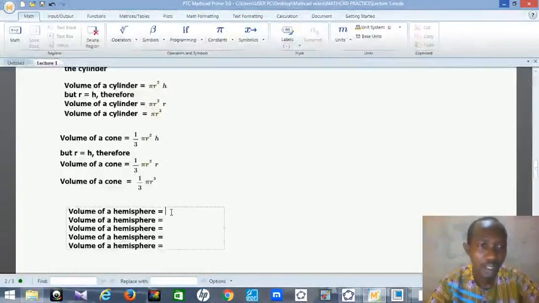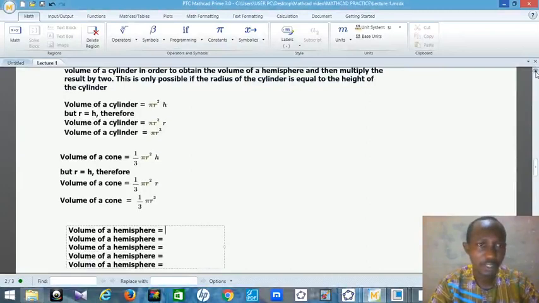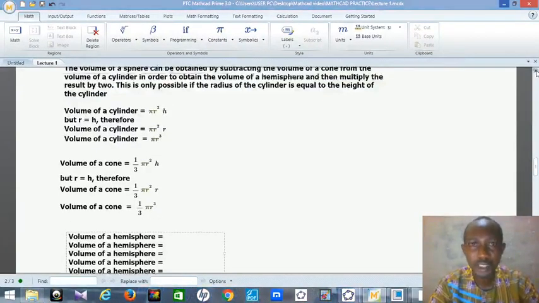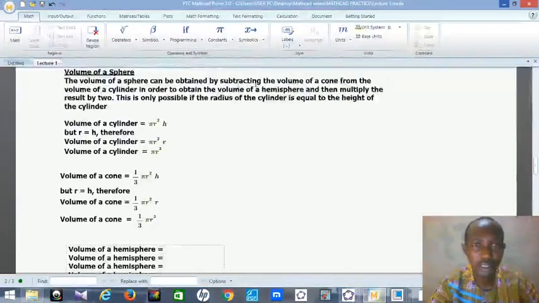So now, how do we get the volume of this hemisphere so that we can finally multiply it by 2 and get the volume of a sphere? So we say the volume of our cylinder is this and the volume of the cone is this, and the condition we state here is subtracting the volume of the cone from the cylinder.